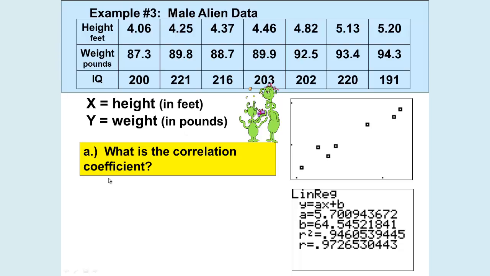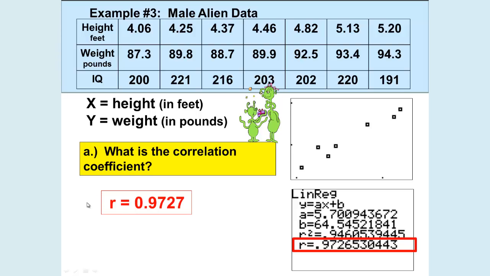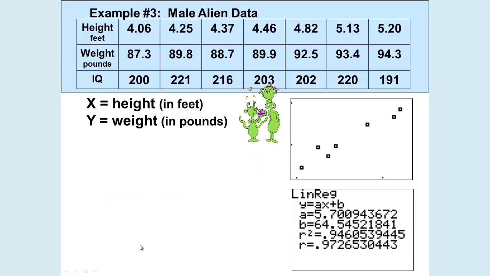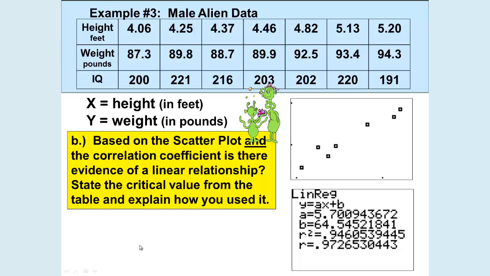So what is the correlation coefficient? Our correlation coefficient is 0.9727, rounded to 4 decimal places. Based on the scatter plot and the correlation coefficient, is there evidence of a linear relationship? We need to state the critical value from the table and explain how we used it.